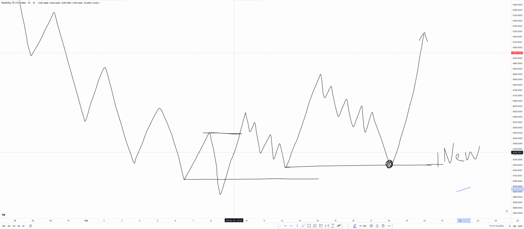Price could break our structure, then start creating some lows whereby price could break our invalidation point.